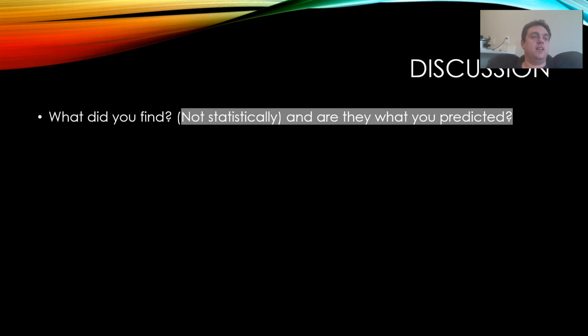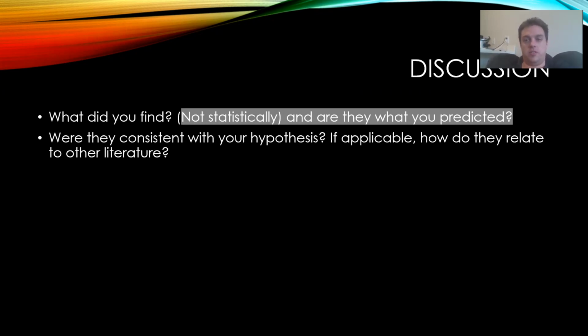You're not going to say this condition had this mean, that condition had that mean, the t-test was this, the p-value was that. You're not going to say any of that in the discussion, because that was all in the prior section. You're just going to recap in plain English what you found. And of course, were they consistent with your hypothesis and your prediction?